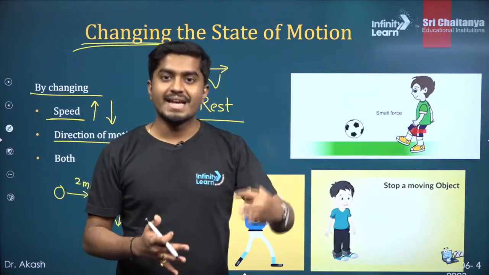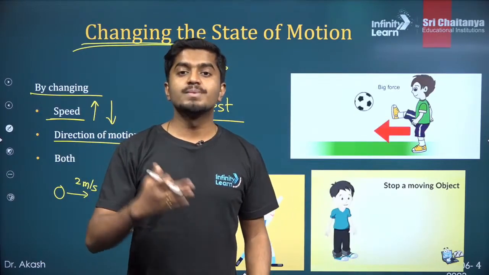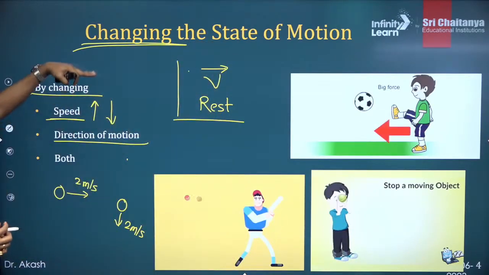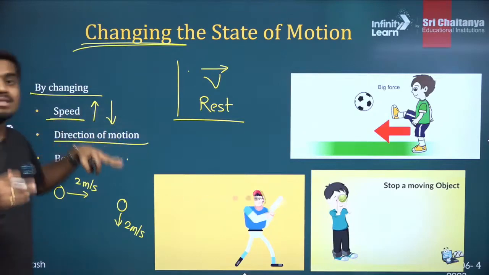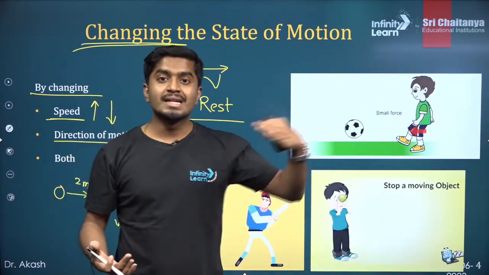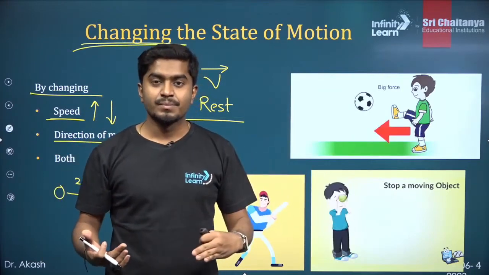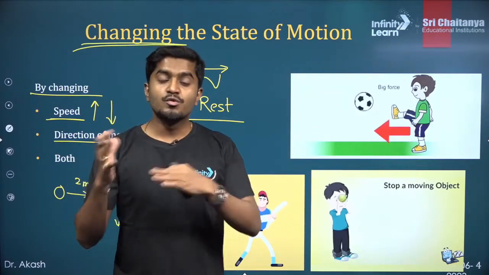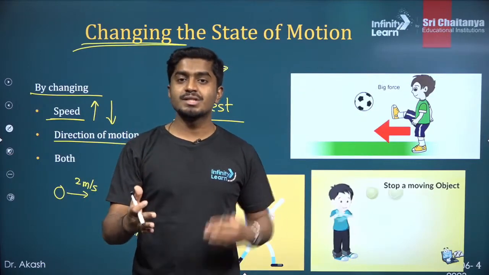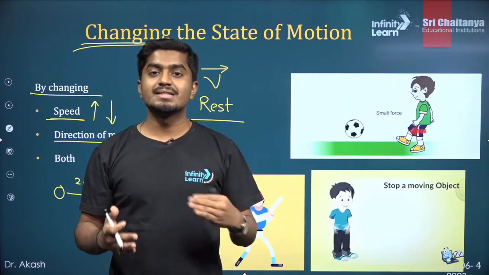If you apply that external force, then only the object can change the direction. Even here, if you want to increase or decrease the speed, the object cannot decide by itself whether to increase or decrease the speed. But we can apply an external force, and that external force can increase or decrease the speed.